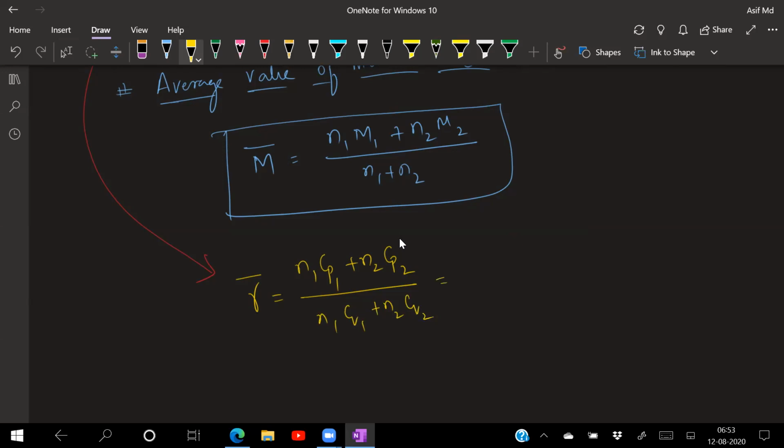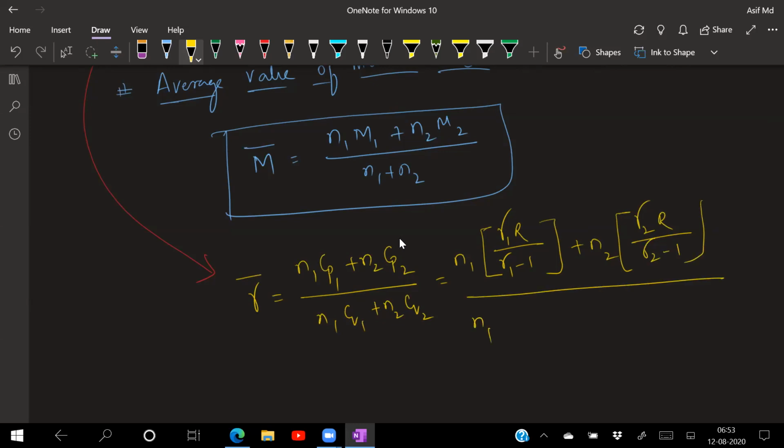That is equal to N1 gamma 1 into R by gamma 1 minus 1 plus N2 into gamma 2 into R divided by gamma 2 minus 1. Can I write like that? Divided by N1 into R by gamma 1 minus 1 plus N2 into R by gamma 2 minus 1.